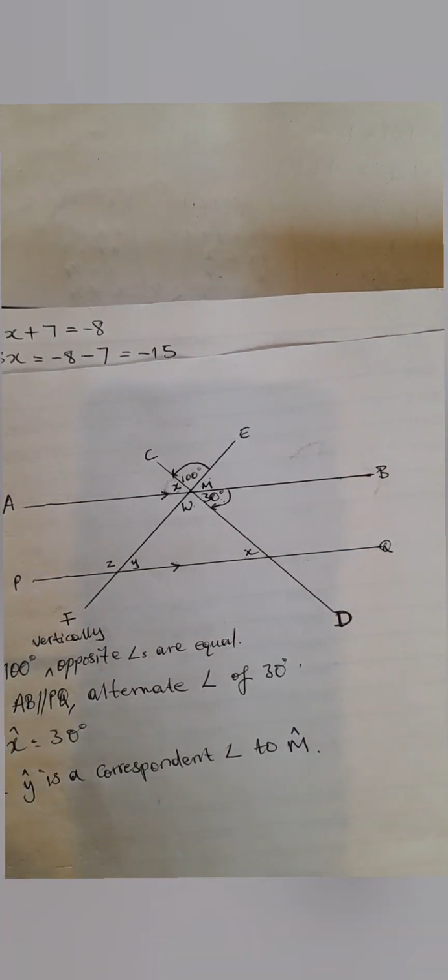Yes, okay, and then what is the value of M? If you look closely, line CWD, this is another reason, line CWD is a straight line.